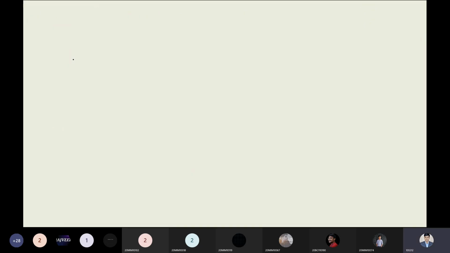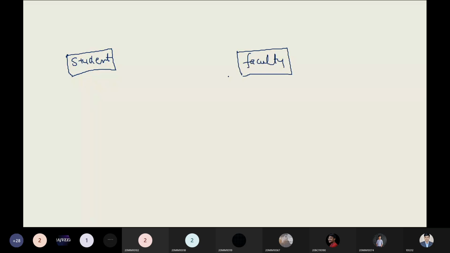See, we have two entities. One is a student, and this is another entity. Is it clear to all right now? These are two entities. In this case we have some attributes.